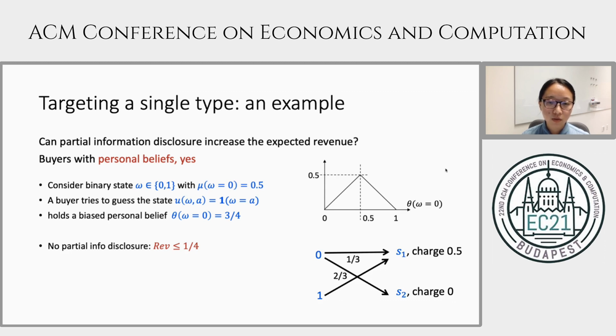And when the seller observes 1, she just sends S1. Then when signal S1 is sent, the buyer will have a belief 0.5, meaning that he will be willing to pay 0.5 after observing S1. Then the seller's expected revenue will become 1/3, because signal S1 is sent with probability 2/3.